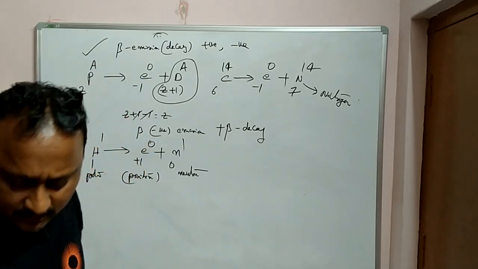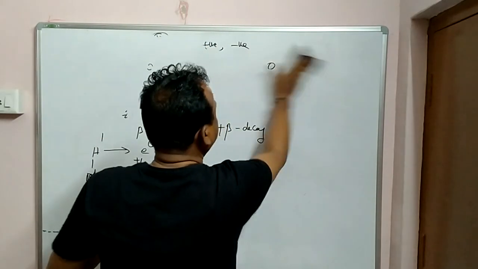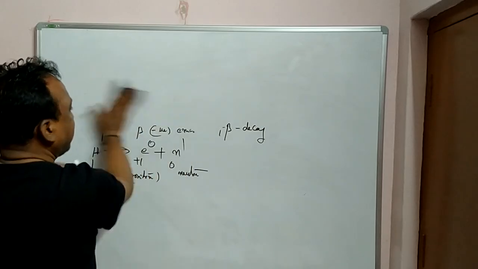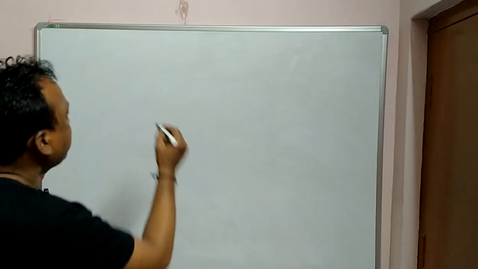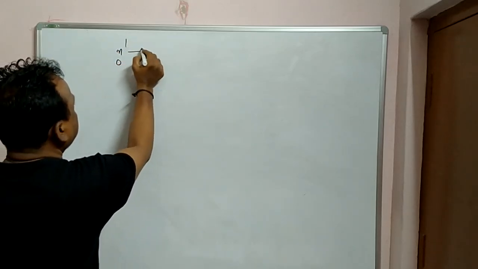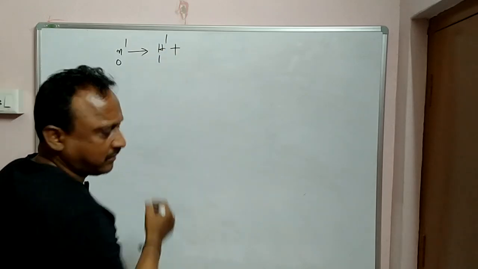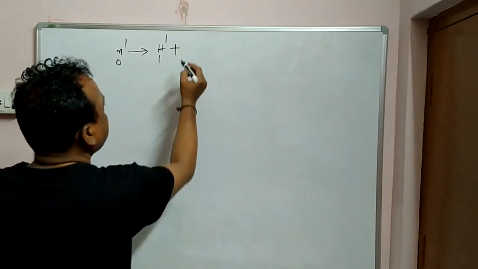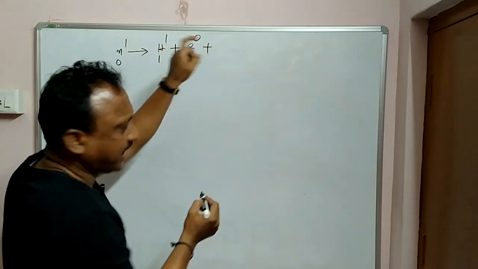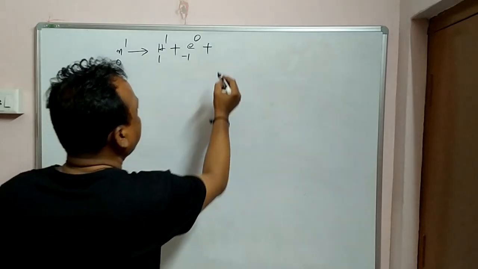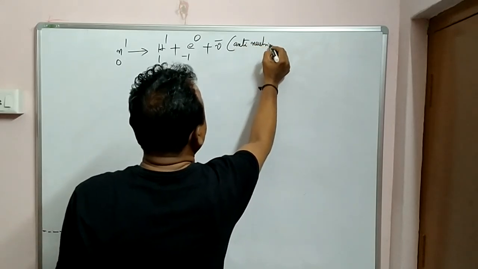Sometimes you can frame the equation like this also. In beta decay, sometimes you can frame it in this fashion: negative beta decay, where a neutron gives rise to a proton, an electron (e -1 0, fast moving electron), and here you will be getting an anti-neutrino. These are all elementary particles.